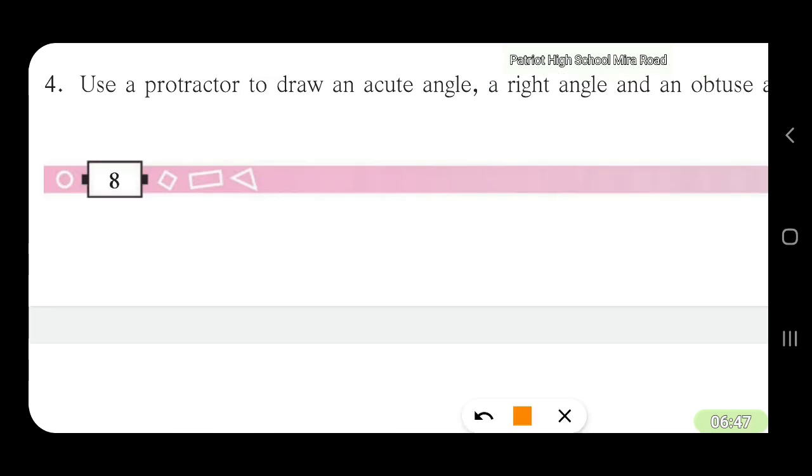Use a protractor to draw an acute angle, a right angle, and an obtuse angle. Now suppose we have a line here, segment BC. Now we place a protractor over here.